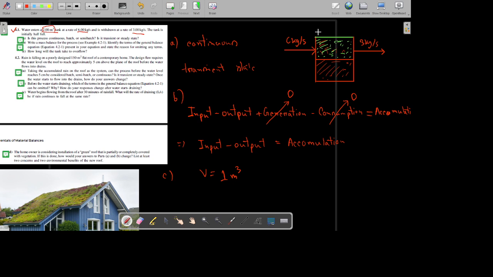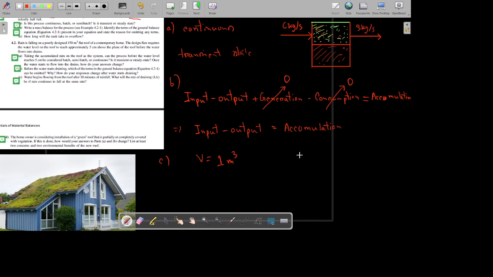Now we need to find out the mass of the water. Why the mass of the water? Because you are given the mass flow rate, not the volume flow rate. So you have to find out the mass of the water, not the volume. To find the mass of the water within this volume of the tank, you need to use the equation m equals v multiplied by rho. Mass equals volume into density.